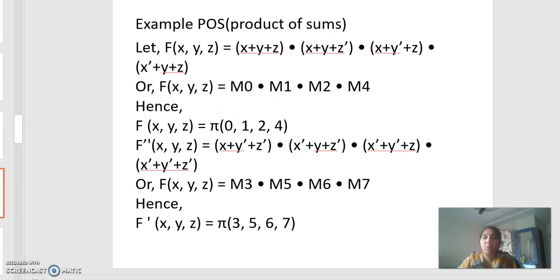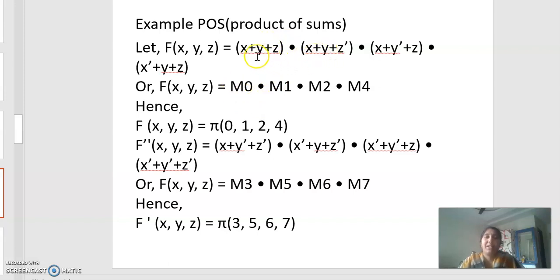So now we'll see what POS is. POS refers to the product of sums. So we are getting a product of terms, where some terms are summed and then multiplied. The expression can be written like this, and it can be written in maxterms by using its terms.